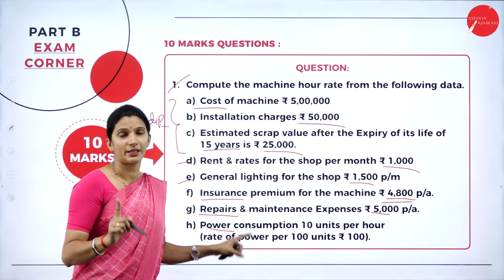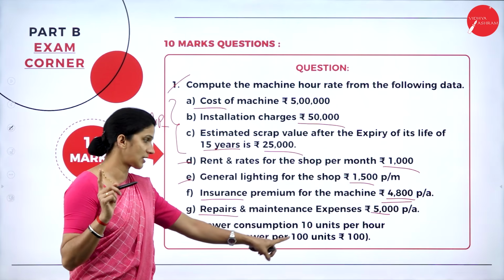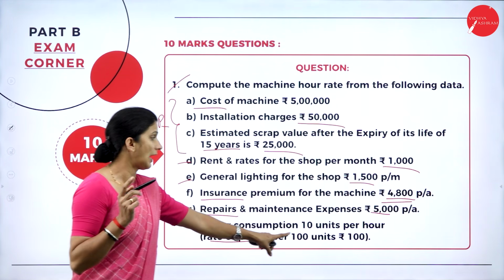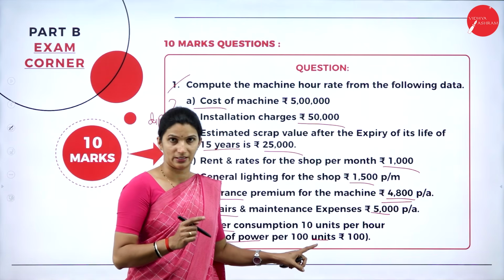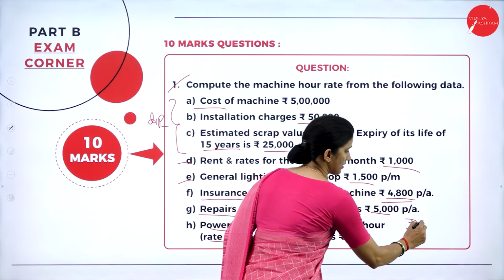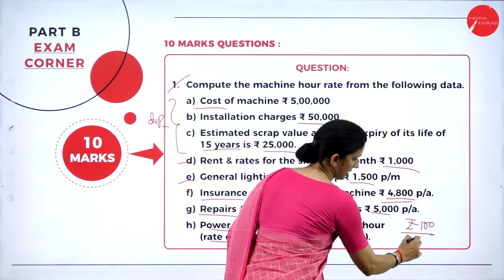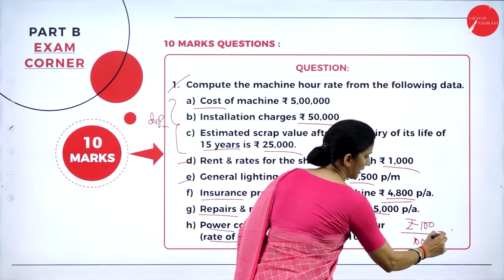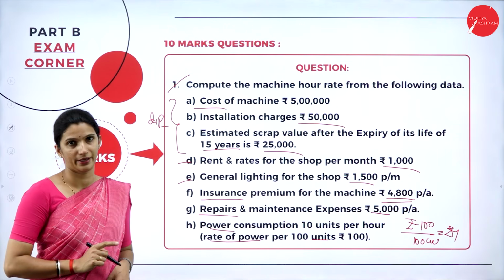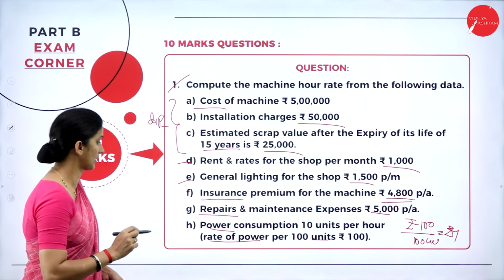So for 1 hour, the total unit consumption is 10 units. And what is the rate of power? Per 100 units, it is rupees 100. So for 1 unit, how much? Simply rupees 100 divided by 100 units, so you will get rupee 1. It is the power consumption rate for 1 unit.